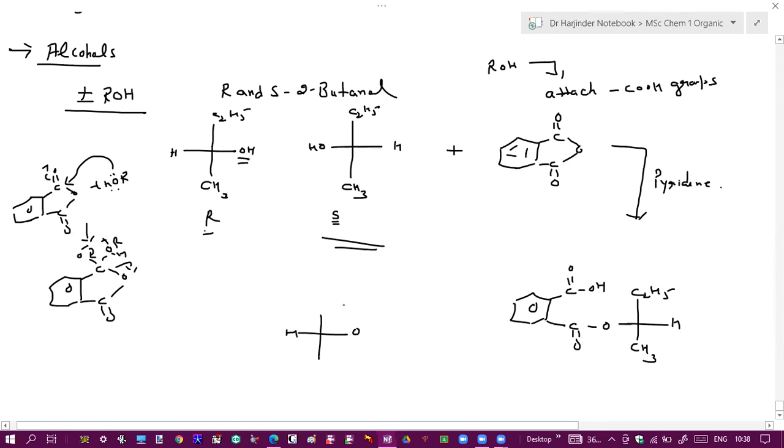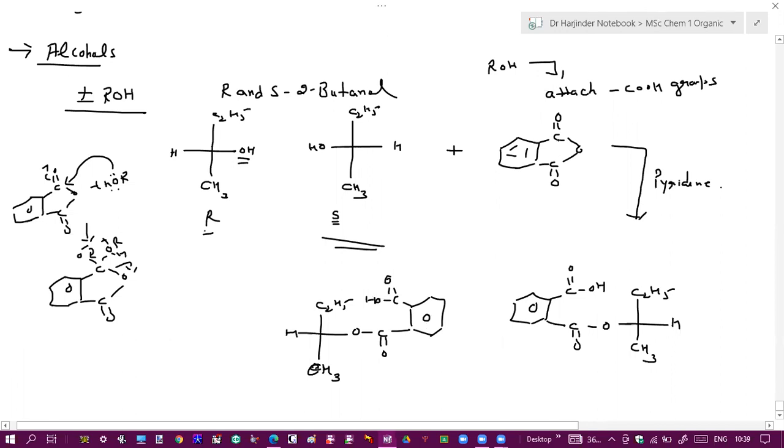So it will be C2H5, CH3, and then the remaining ester moiety, C double bond O, C double bond O, H. Up to this point is clear?